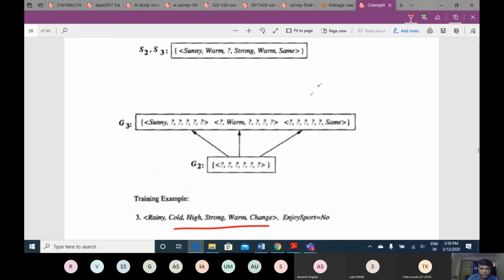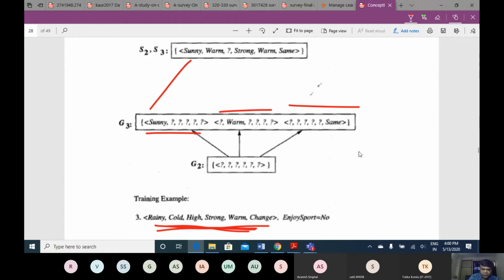So we just avoid rainy in this place and keep sunny only. So we just bring values from the specific entries. So we can have only sunny here and rainy will not be there, and then we can have anything here. So this hypothesis will not include this one. Similarly, this hypothesis will not include this one. This hypothesis will not include this one, right? So we want to find the most general set of hypotheses which exclude only this one and which lie between these two.